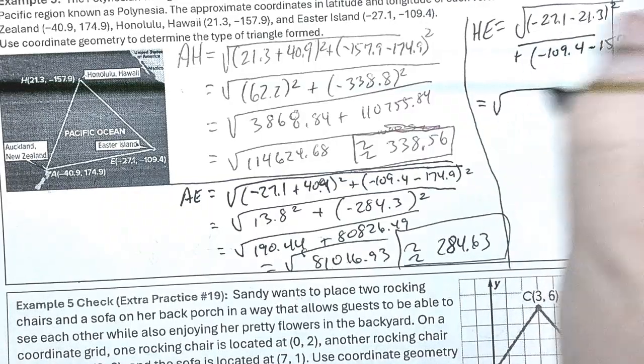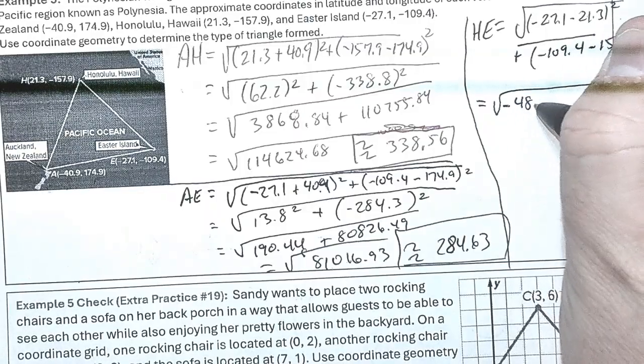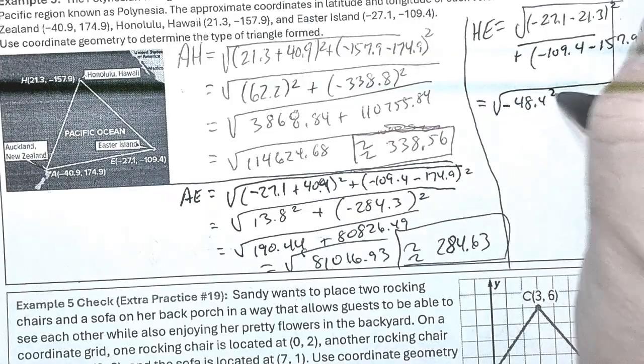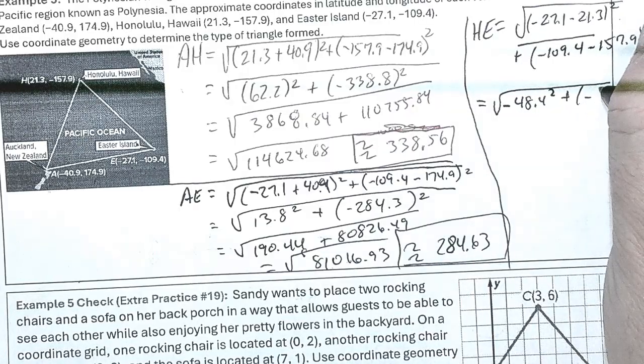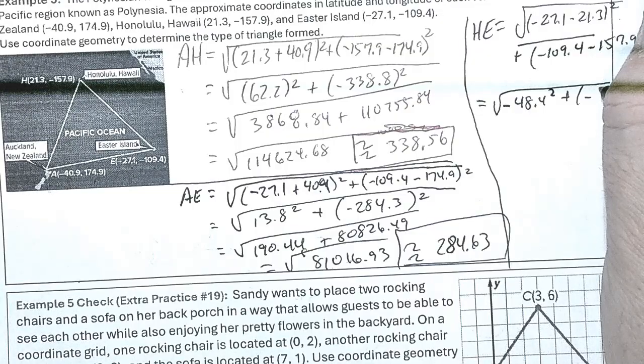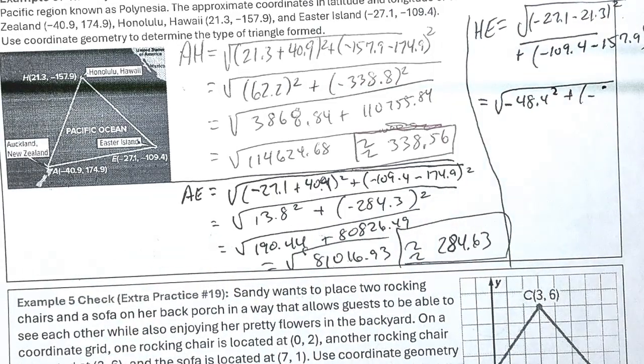We get negative 48.4 squared plus negative, hold on. Yeah, I do think my math is wrong on my paperwork here. Give me one second. That's definitely not right. I knew the numbers didn't look right before, but that's all right.